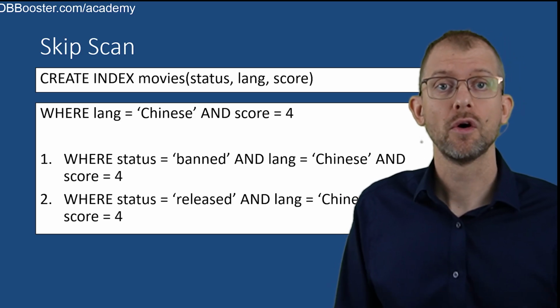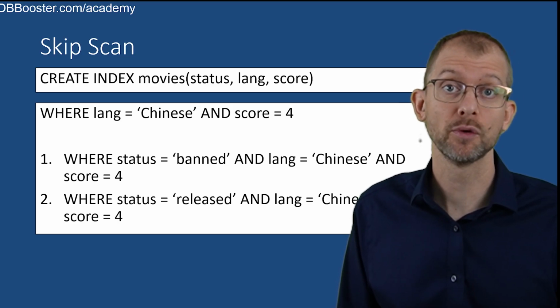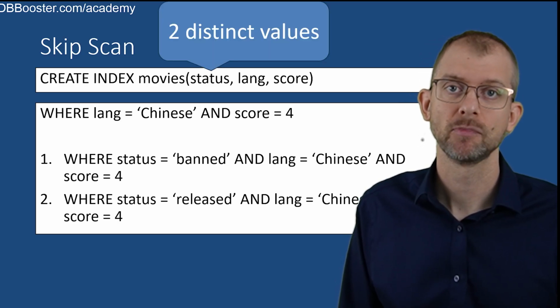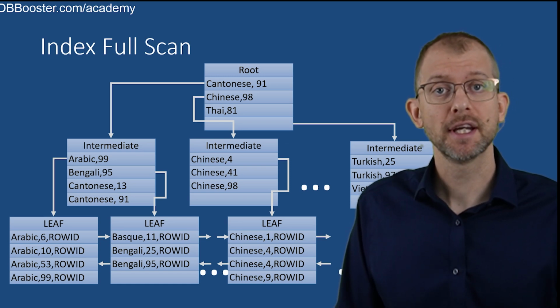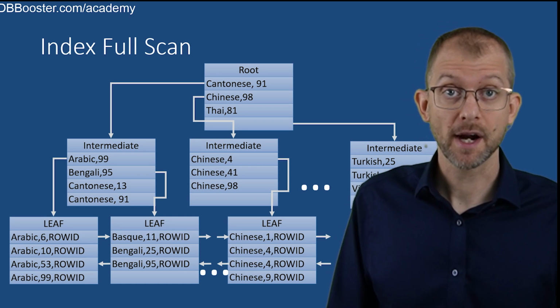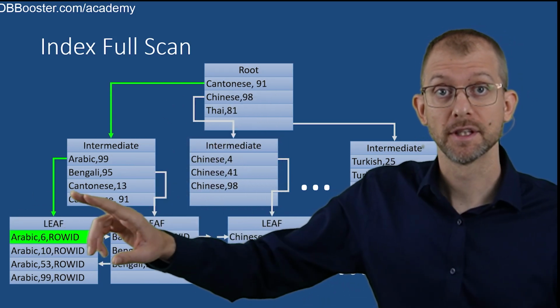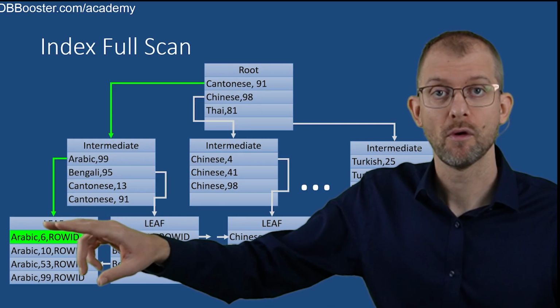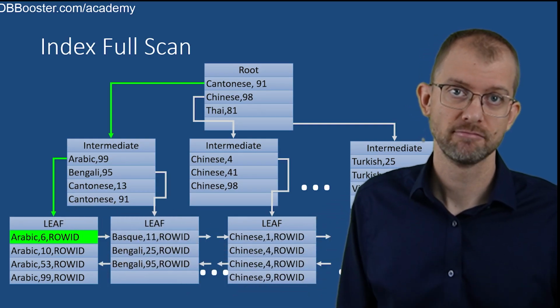Let's take a look at index full scan. In Microsoft SQL Server, this is simply called an index scan. You can think of it as a special case of range scan, where the starting point is the very first value in the leftmost leaf of the index, the lowest key in the index.